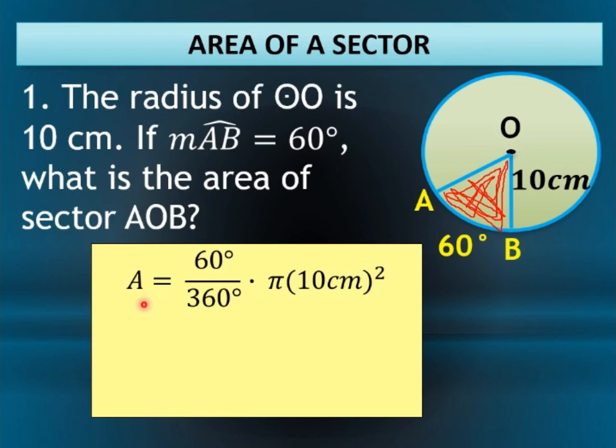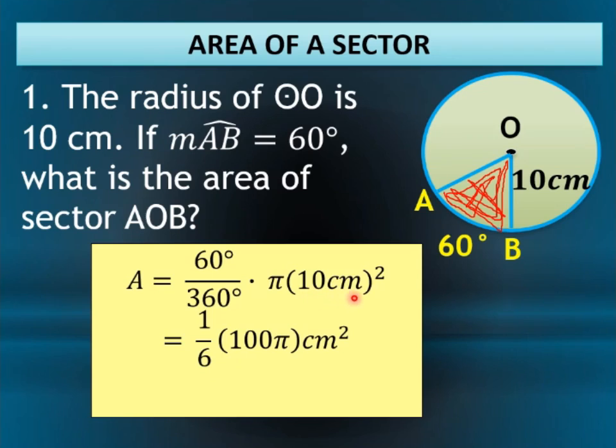So we have the area of the sector is equal to theta, which is 60 degrees, over 360 degrees multiplied by pi multiplied by the length of the radius, which is 10 centimeters squared. So 60 degrees over 360 degrees can be simplified as 1/6.